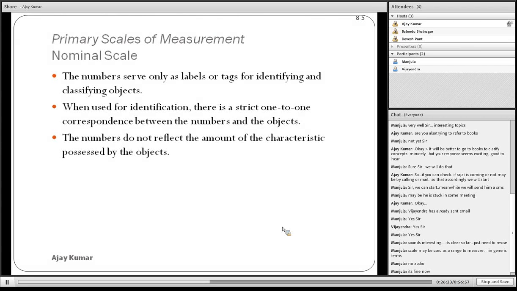First, nominal scale, as has already been discussed, this serves as label, as tag of identifying and classifying the objects. So you give a roll number, you know that I need not know his name now. Just by looking at his roll number, I can identify him, I can classify him. Alright, so this is nominal scale for you.